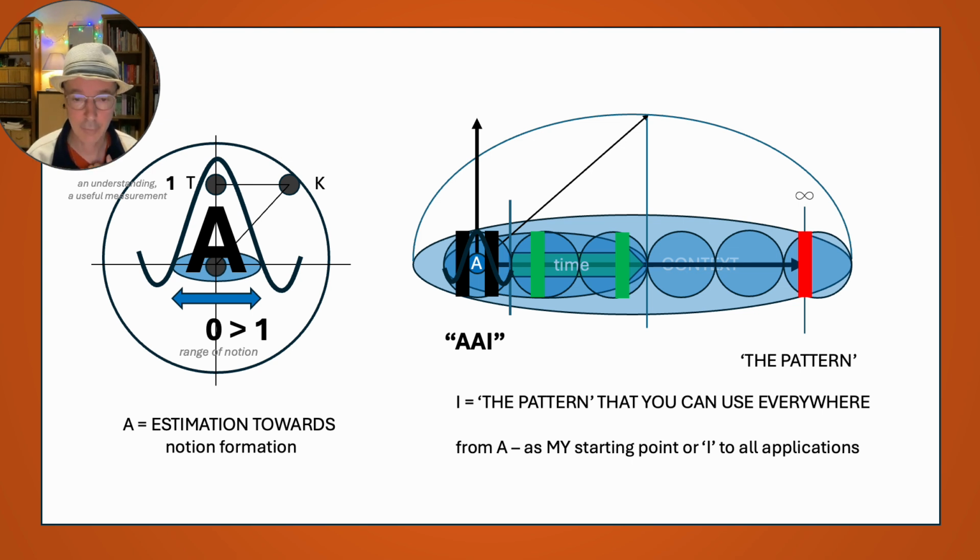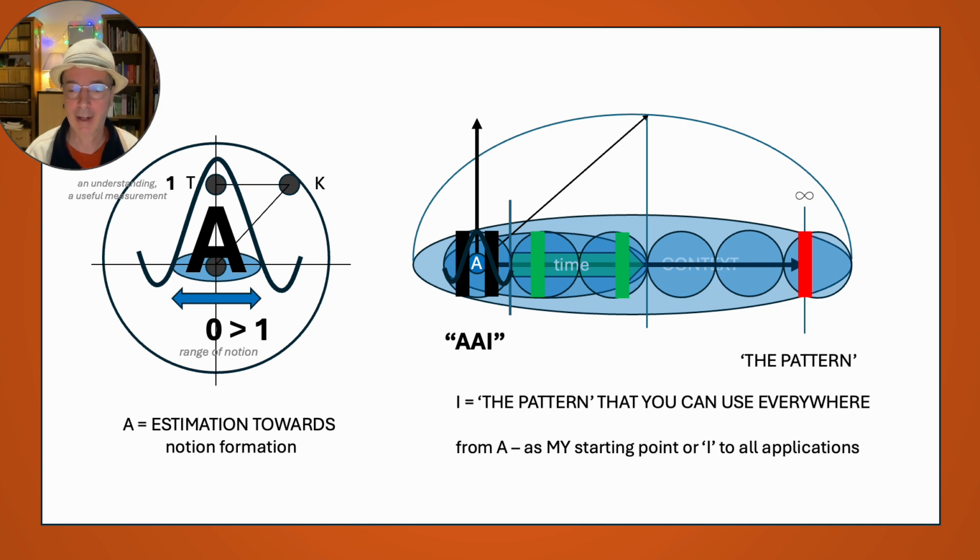When I start trying to measure it as an estimation, that's not just A, but it is I also. It is I that decides what kind of definitions I use. We start from our starting point, which starts with the letter A and ends with actually the letter I. In a way, it is a reference to this pattern that you can use everywhere.